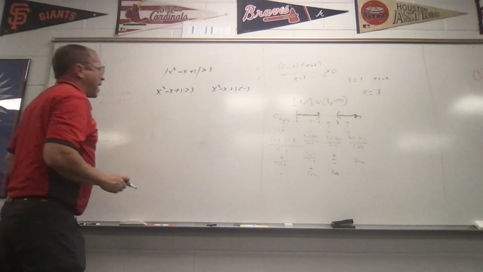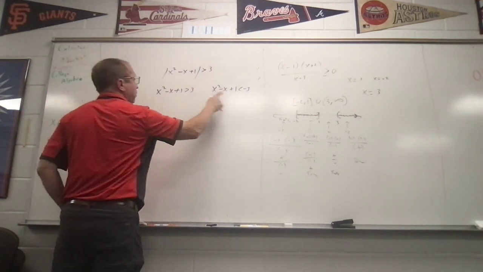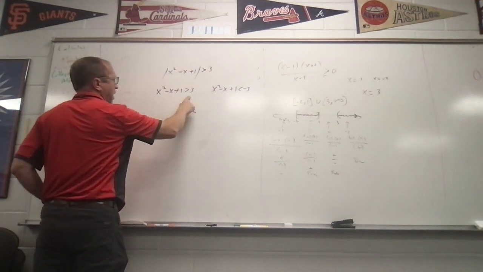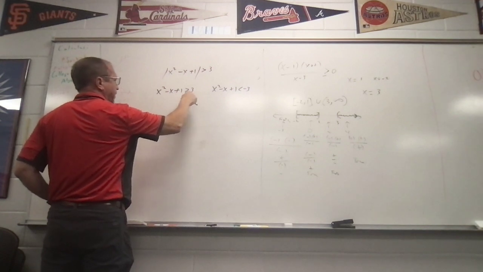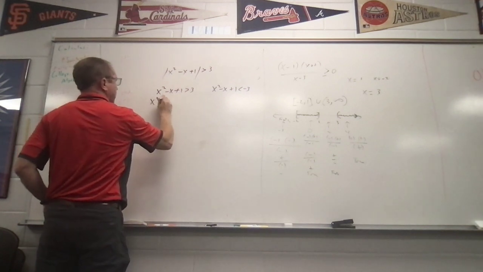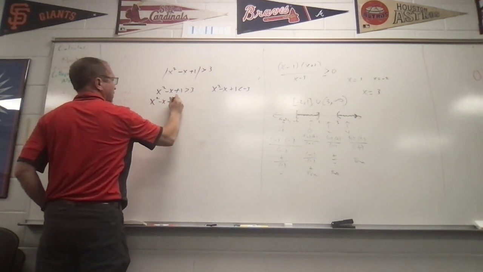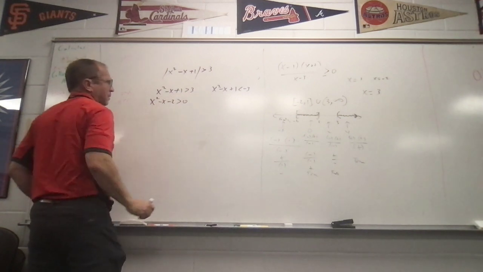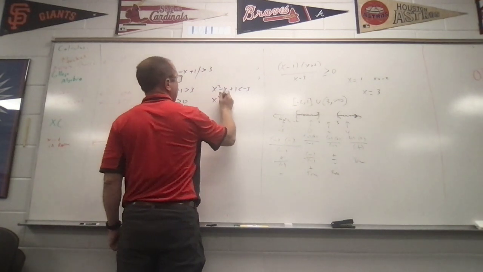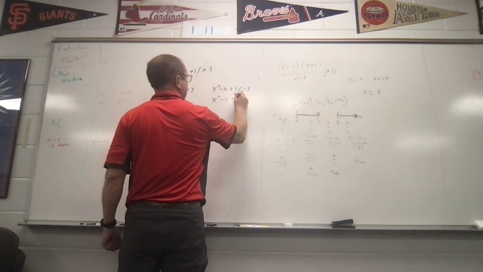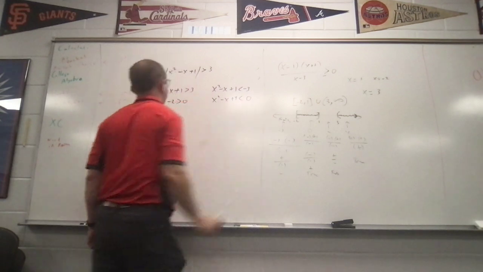All right, well now I have multiple inequalities. They're quadratic, so I'm going to set them compared to 0. So x squared minus x, 1 minus 3 is negative 2. And x squared minus x plus 3, that's also compared to 0.